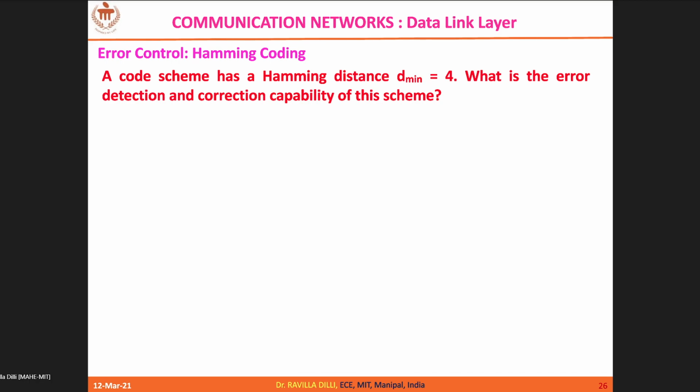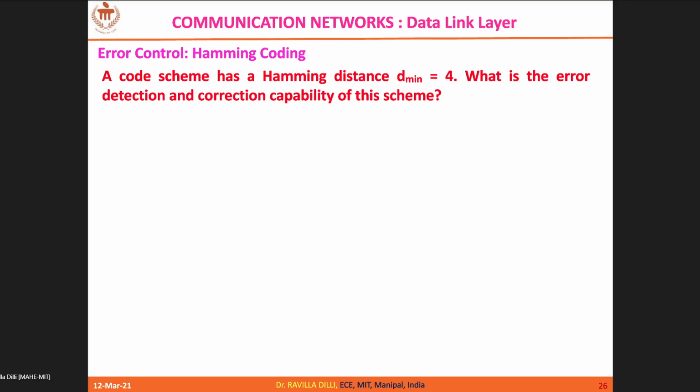No, I don't agree with it. Yes, Arohi Kulkarni. Yes, sir. We can detect 3 and we can correct (4 minus 1) by 2, which is 1.5, so the floor value will be 1.